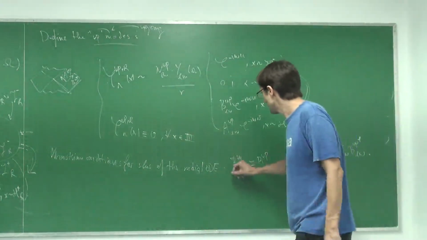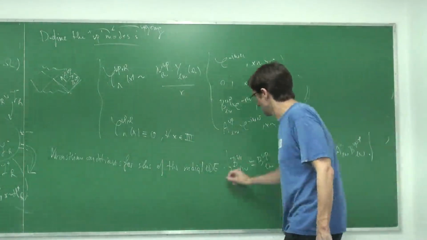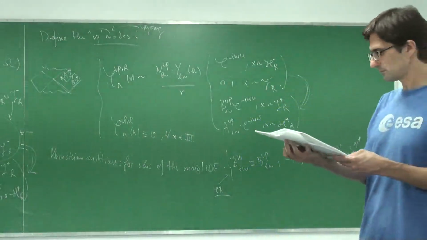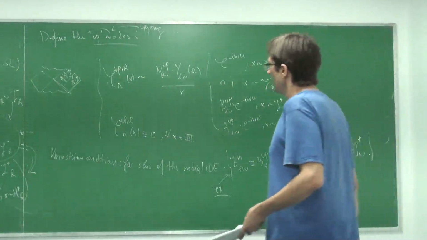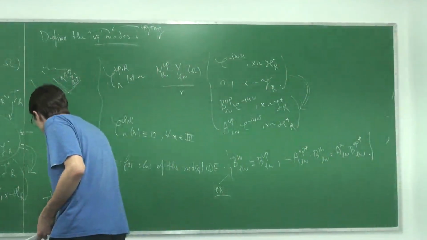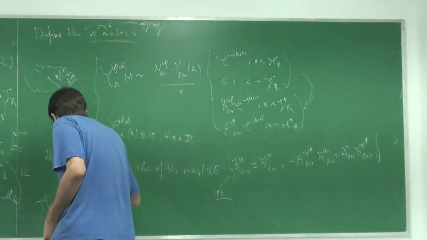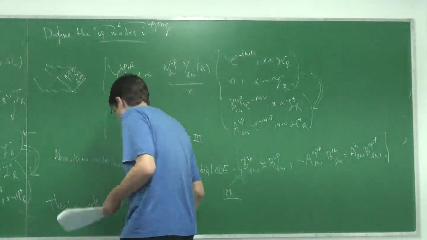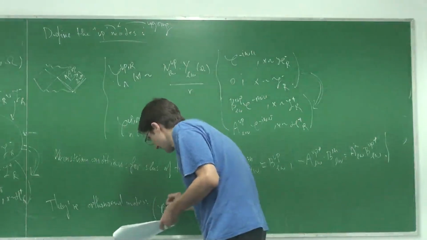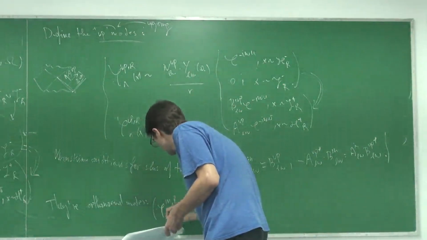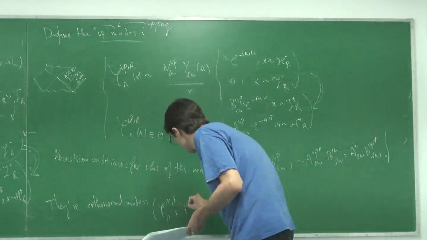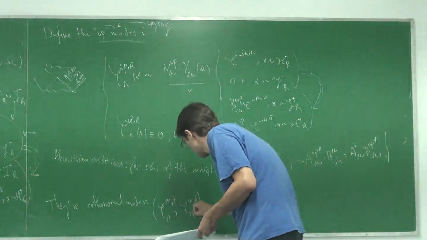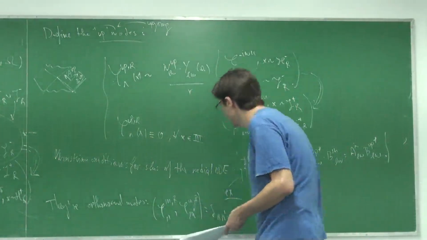And so exercise: and their orthonormal modes, so phi in R is normalized in this way.